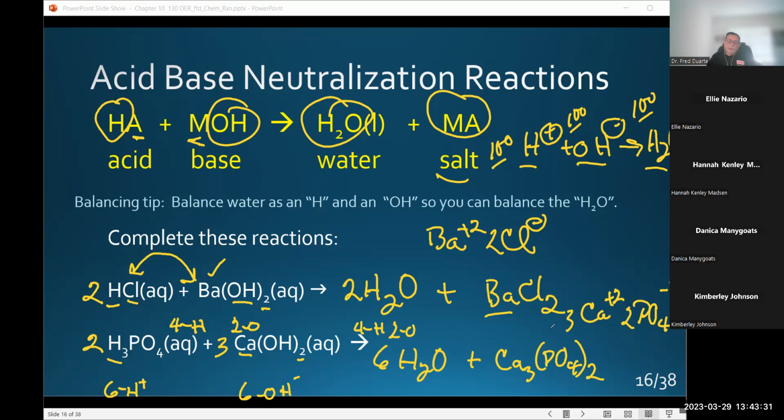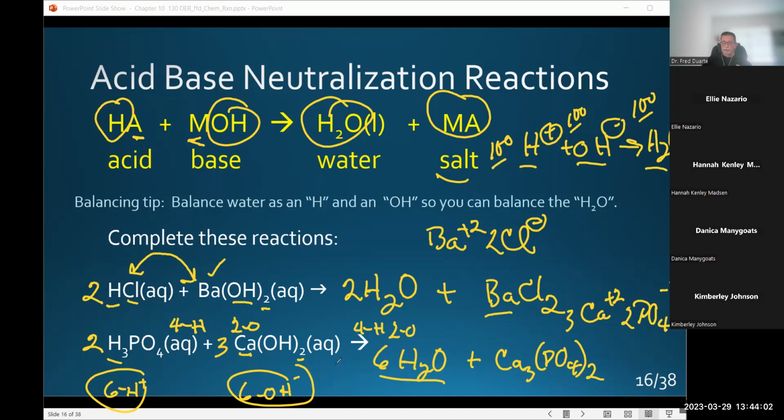Now, if you look through this, you will see that by default, my calcium is balanced and my phosphates are balanced. I got 3 calciums here and 2 phosphates from phosphoric acid. My protons and my hydroxides are balanced because I followed the acid and the bases, and so my waters and oxygens are balanced in the form of water.